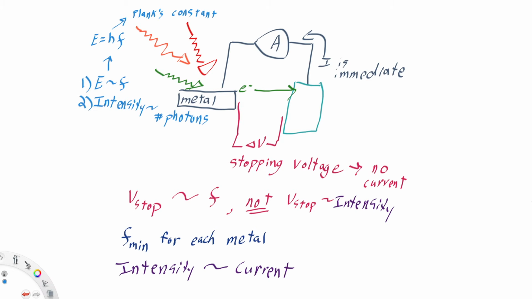All right, so this is the photoelectric effect. Confusingly, this minimum energy required to kick an electron off a metal today is called the work function.